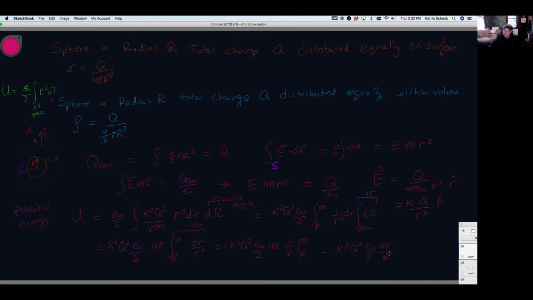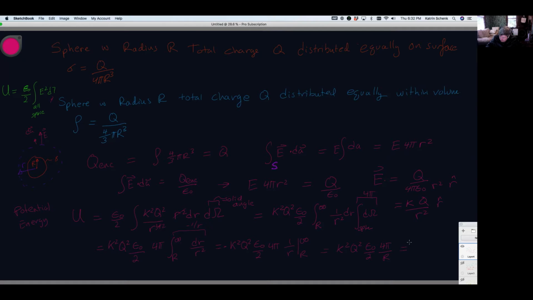Now k is 1 over 4 pi epsilon naught, and squared is 1 over 16 pi squared epsilon naught squared. So I'm just going to do some quick algebra in my head, and if you don't believe my answer, please go back and do your own algebra.